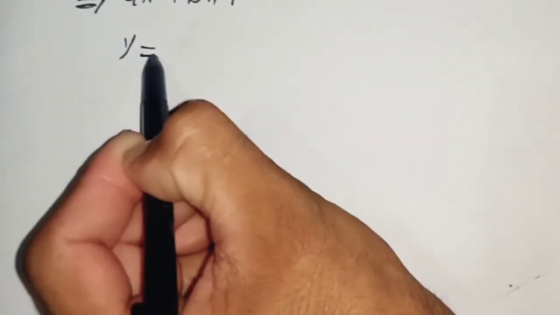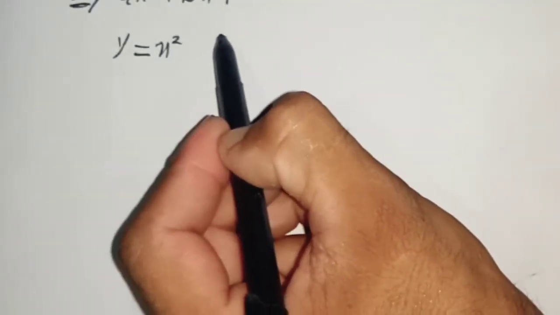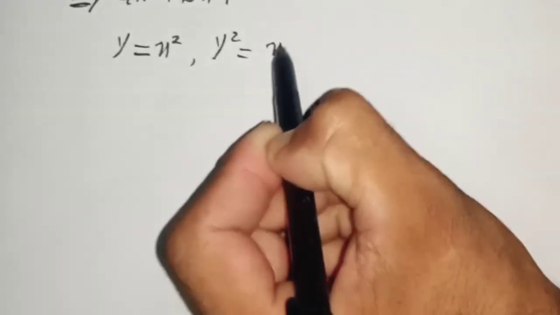Suppose we substitute y = x^2, then y^2 will become x^4.